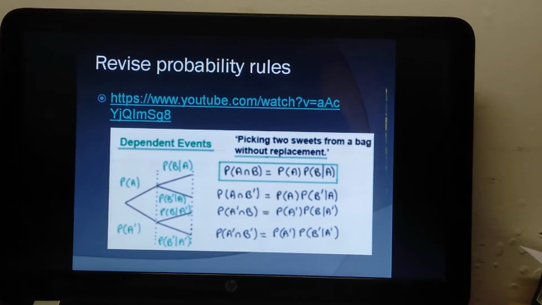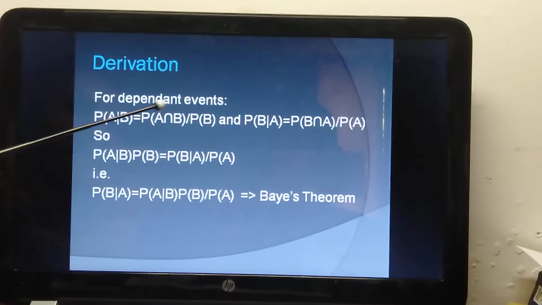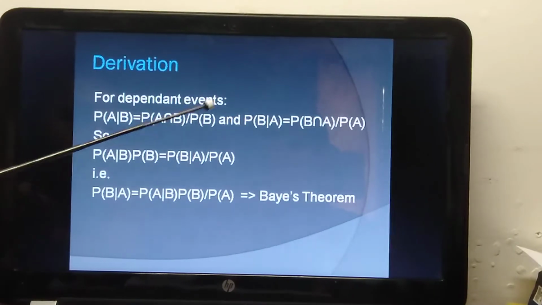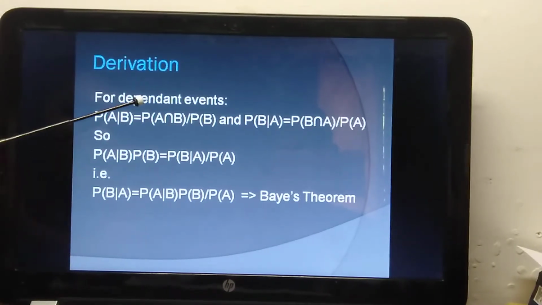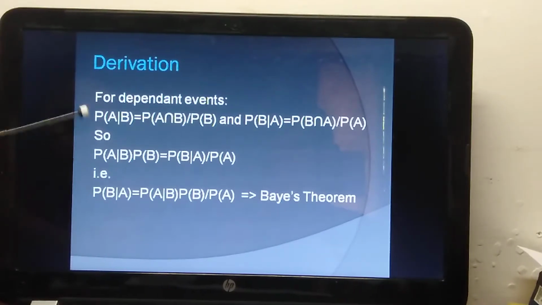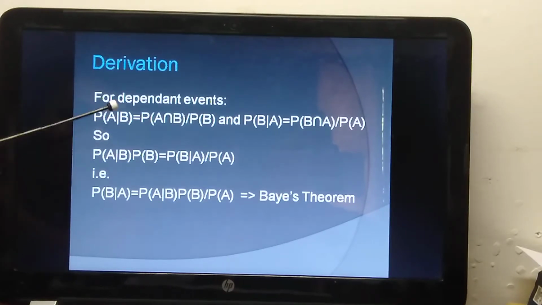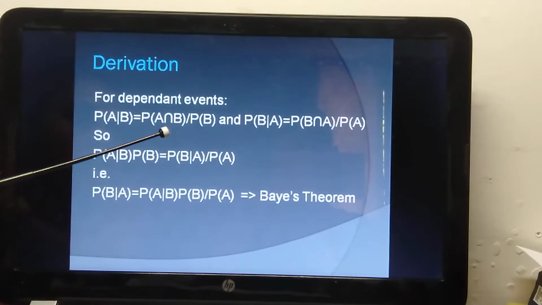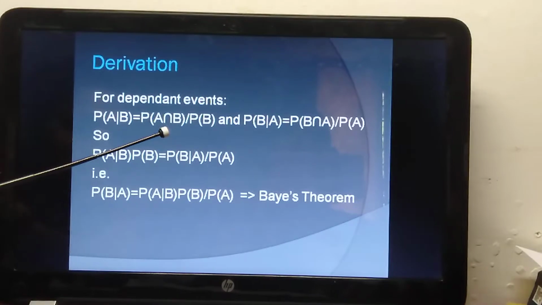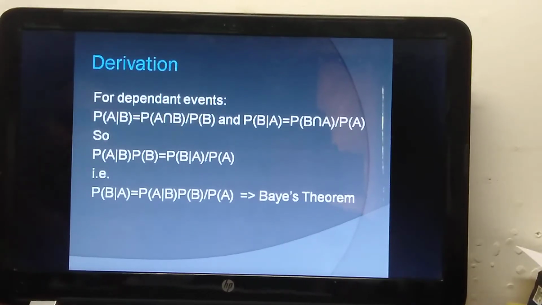Now let's look at the derivation of Bayes theorem. We already know for dependent events, not independent, for dependent events, one event occurring after the other occurs, we have got probability of A given B is equal to probability of A intersection B divided by probability of B. How did we get this?